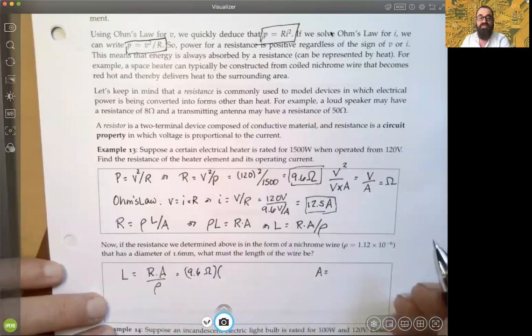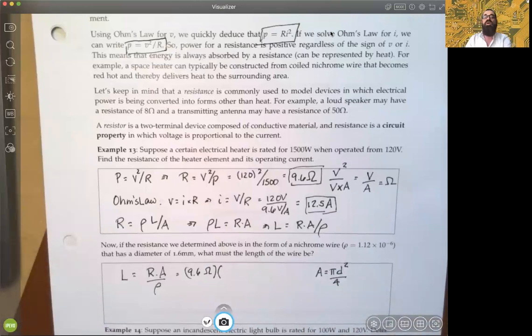Remember our formula, if the wire is given in terms of diameter, which in this case it is, it's pi diameter squared over 4, remember? Yes, we know that the standard form is area is pi r squared, but if you're given the diameter, remember the diameter is twice the radius, and so we're just specifying it this way.